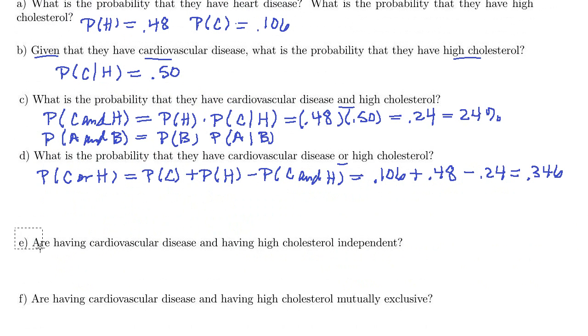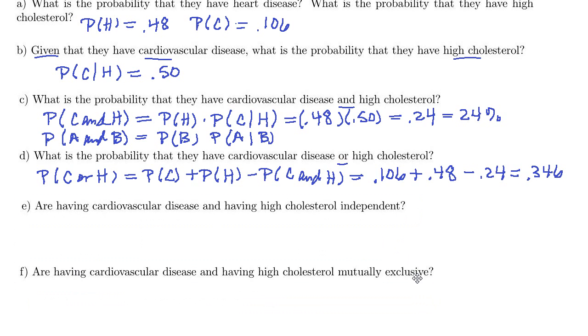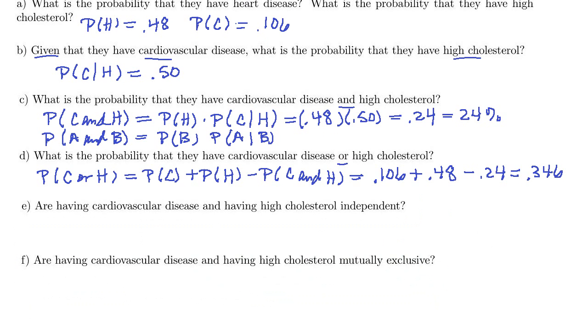And let's see, part E, we want to know, are having cardiovascular disease and having high cholesterol independent? So independence, we can check more than one way, but one thing that we can do is we can look at the probability of C given H, and we can ask, is that equal to the probability of C? So in other words, does the given event make any difference?